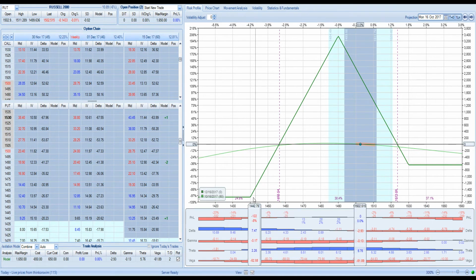So what this is going to do, it's going to reduce my risk on the downside. It's going to introduce a little bit more risk on the upside. And if we continue to see Russell trade lower under 1440, I'm probably going to look to exit this trade. And again, my stop loss is a point where my trade is down about $180 per one contract.